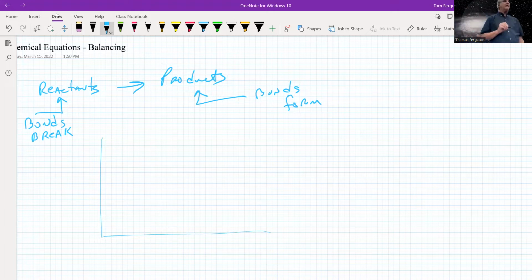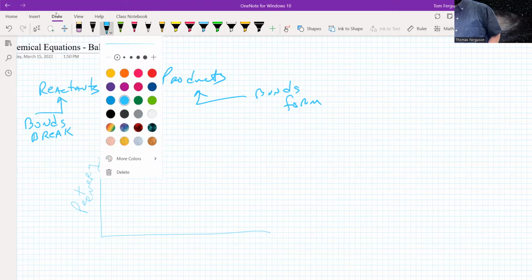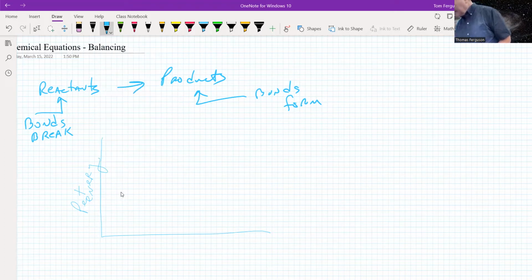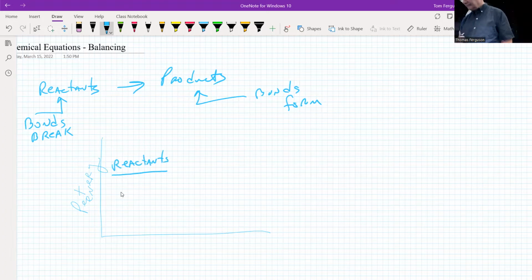Okay, so if we were going to look at a diagram, this is going to be potential energy. And we know that the lower the potential energy, the more stable it is. So if we have reactants here, and if the reaction is going to go spontaneously, the products need to be at a lower potential energy.